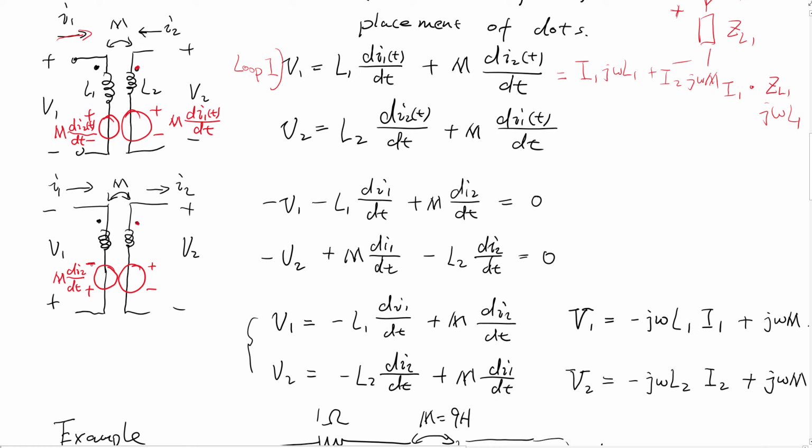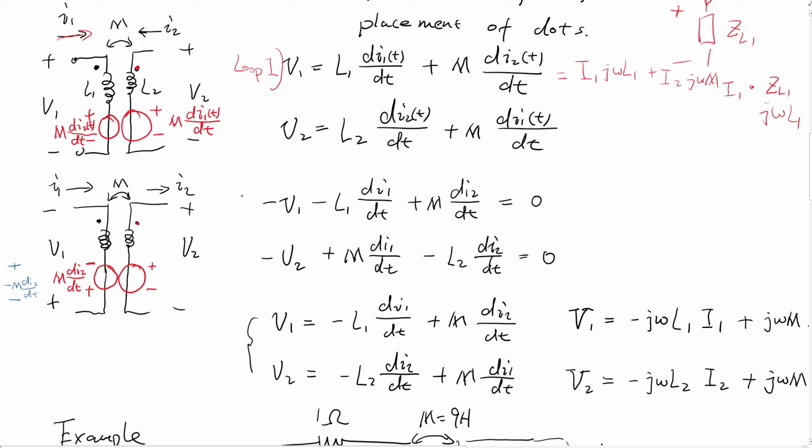I use this sign convention for the dot convention so I can keep all the values positive. Again, I always put a positive on top. So if you put a positive sign up and a negative sign down here, you will get a negative M di2/dt. That gives you exactly the same thing. It's just convention.